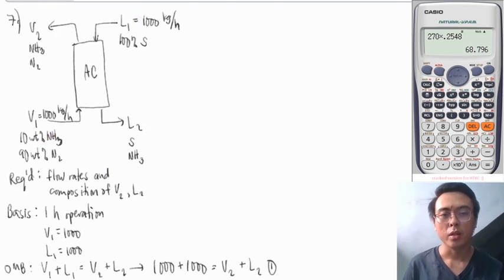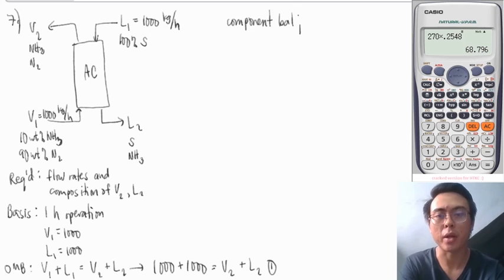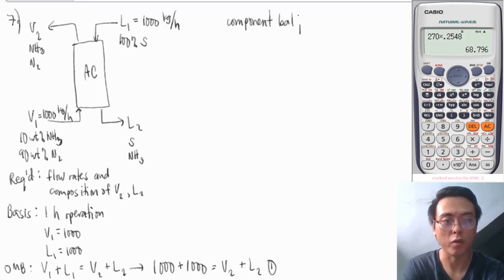Next, component balance. We have three components in this system. You have the nitrogen, the ammonia, and the solvent. If you take a look at our given, can you spot any tie components? The tie components would be entering on one stream only and exiting at one stream only. So for instance, the easiest tie component to spot here is the solvent.